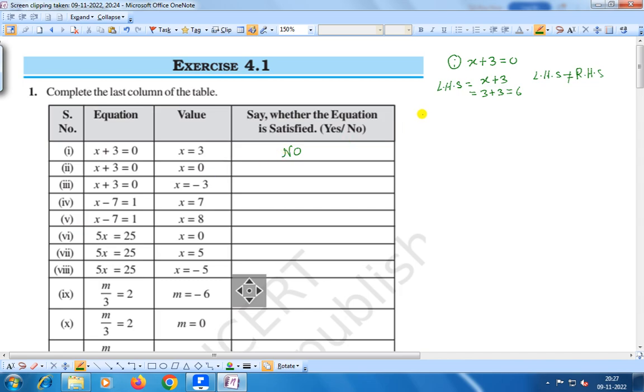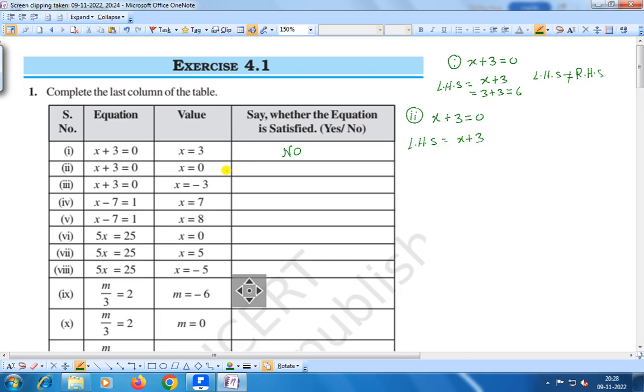Now question number 2. Question number 2 is x plus 3 is equal to 0, and x equal to 0. If you put x equal to 0, what are you getting? Left hand side is equal to x plus 3.